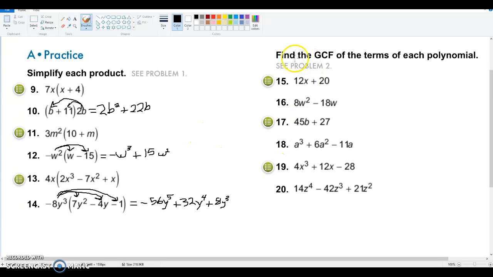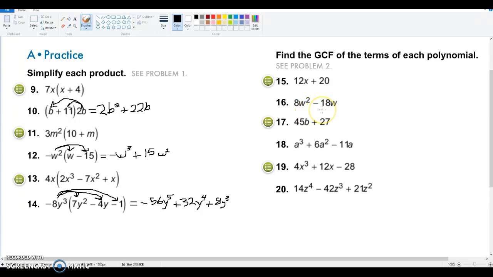Now, these are finding the greatest common factors of each of the terms of each polynomial. So again, I'm only going to do the evens. So on number 16, we have 8w squared minus 18w. So thinking of our divisibility rules, we can divide both of these by 2, because 2 will go into 8 4 times. 2 will go into 18 9 times.